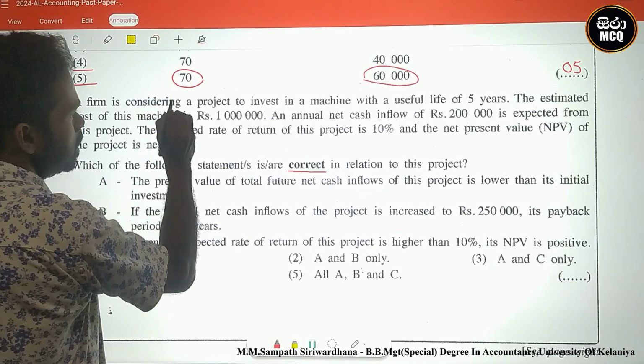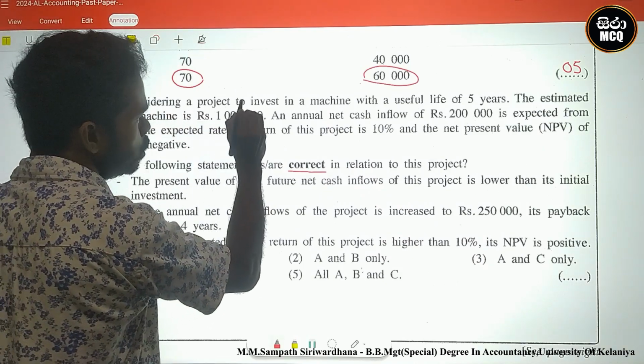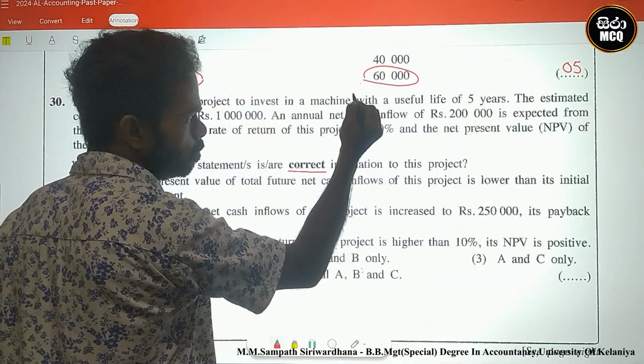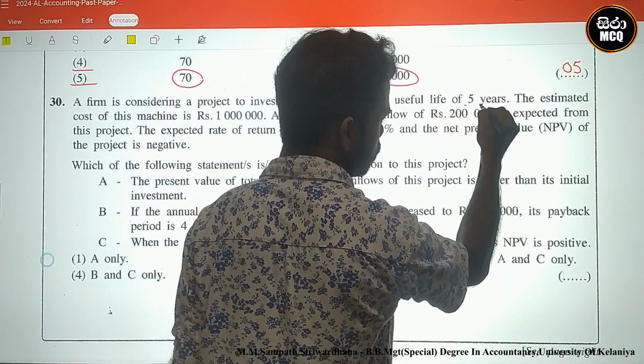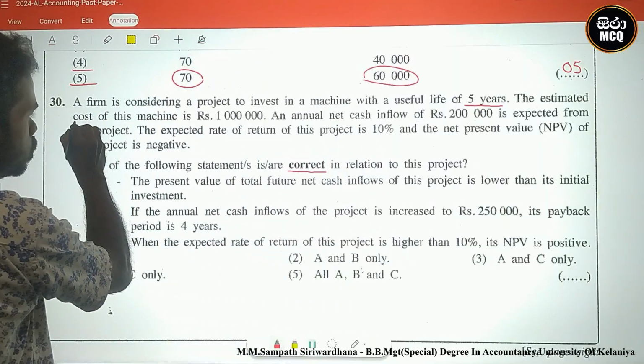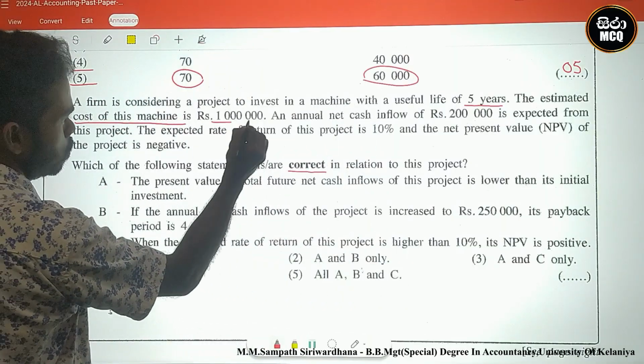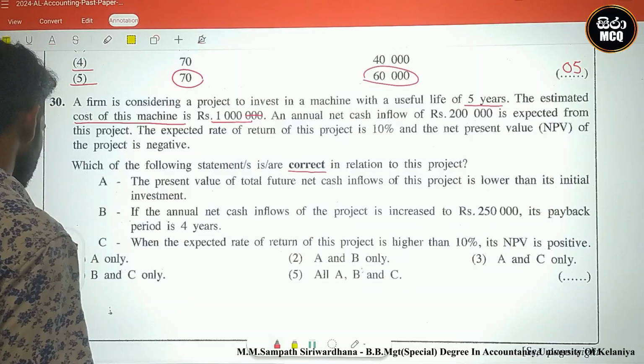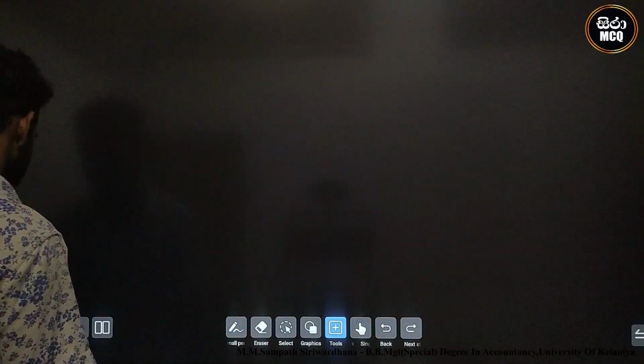A firm is considering a new project to invest in a machine with a useful lifetime of 5 years. The estimated cost of this machine is 1 million. Look here, we can schedule it.